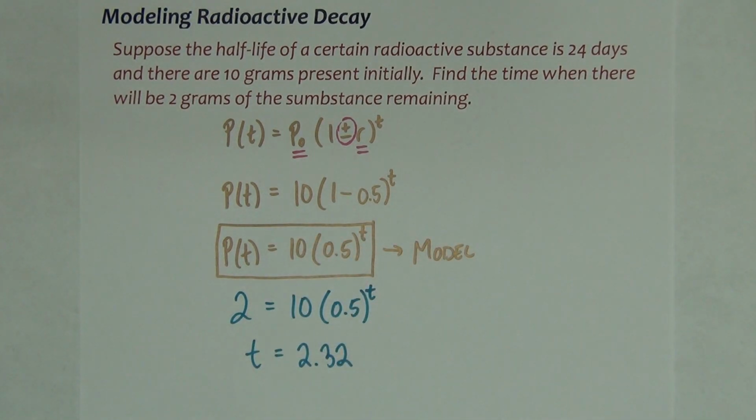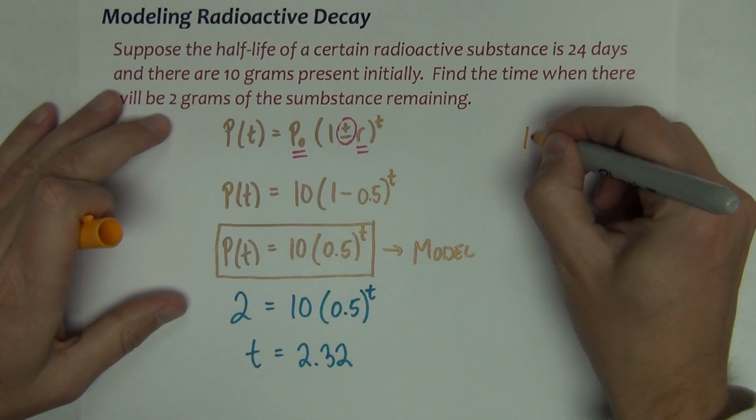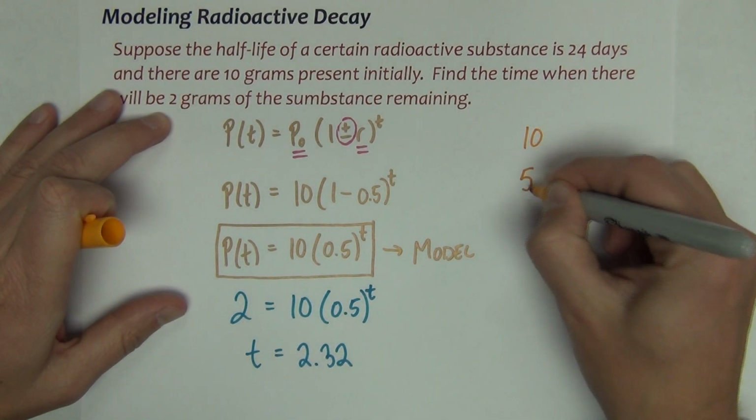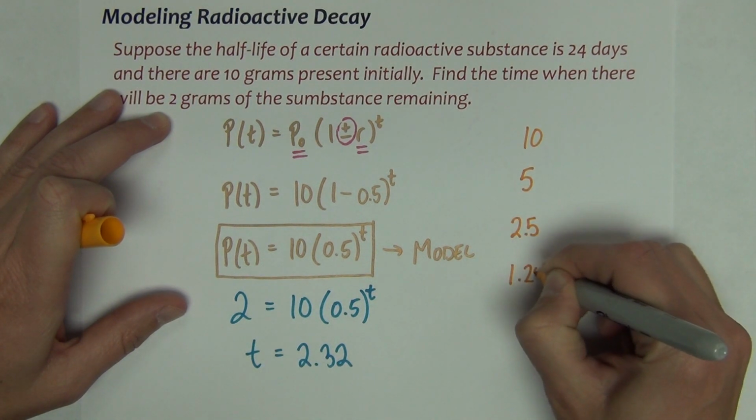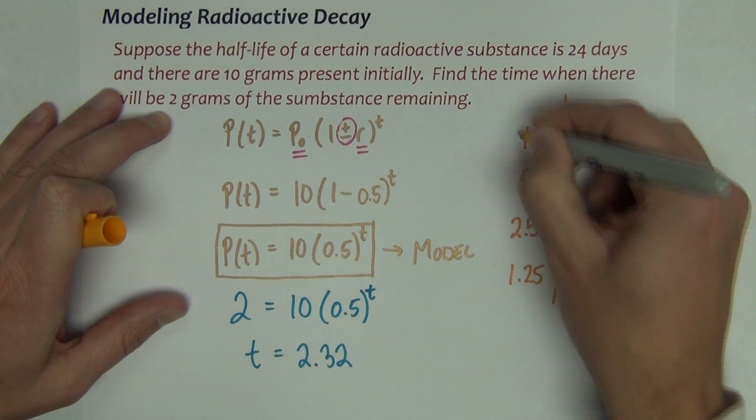You see what's happening: we started with 10, and then half of that is 5, half of that is 2.5, half of that is 1.25.